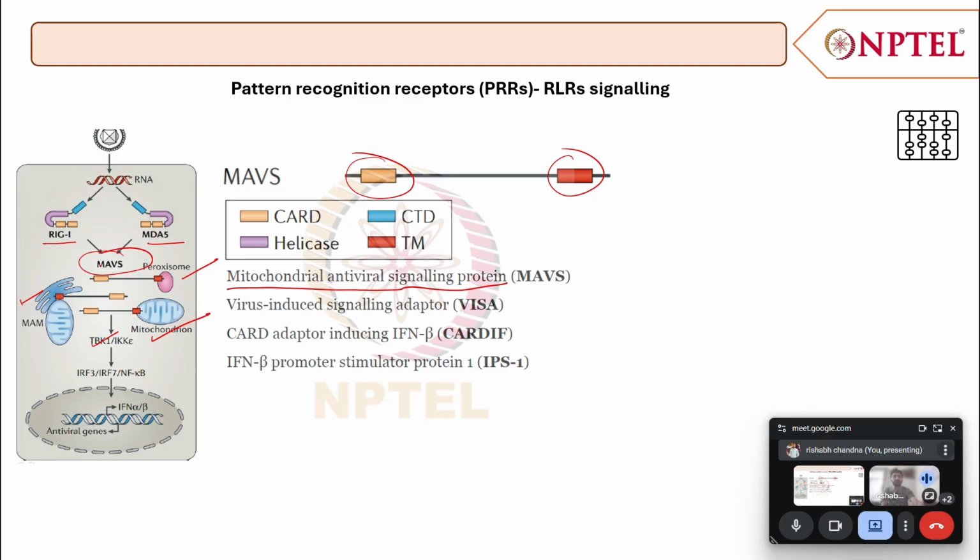So it is present on the peroxisome, the endoplasmic reticulum, and the mitochondria, and it gets activated upon activation of MDA5 or RIG1.